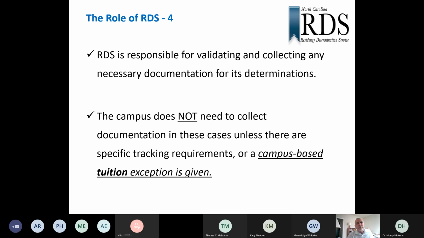But with few exceptions, it's basically military stationed here, immigration issues, and something like court involvement, for example, I have a court-appointed guardian, or I was legally emancipated by a court. In those cases, RDS would, but that's about it. There are very few cases anymore that require documentation. We verify with the databases in the state online.